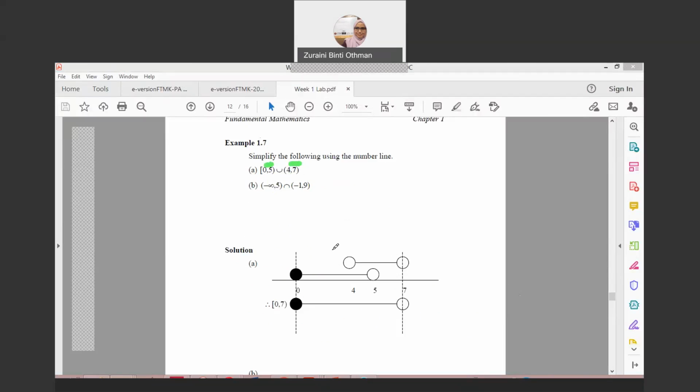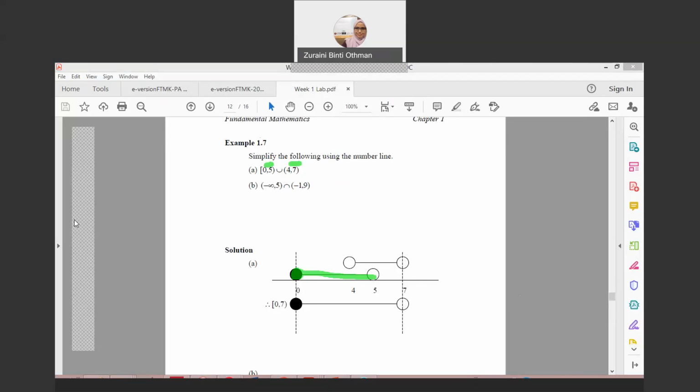We have to draw 0 until 5. Okay, so now 0 is closed interval, so fill in the 0 here. Then 5 is open interval, so just remain it as macam tu lah, tak payah fill in. Okay, so 4 sehingga 7, dua-dua ni open interval. Okay, so tak payah fill dia punya yang kat dalam ni.